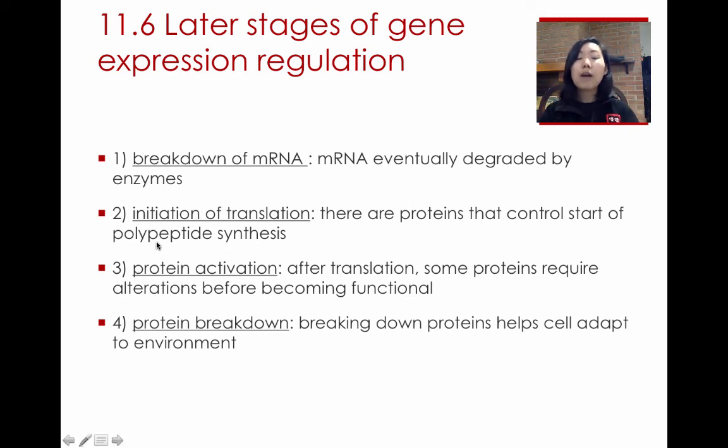You can also, after the protein is created, need to activate some of those proteins. And so sometimes after translation, proteins will need alterations to them, like they need to be cut or they need to have things added to them for them to be fully functional. And that's another way your body can regulate whether or not they want those proteins to be activated. And the final thing is protein breakdown. And so even after you create a fully functional protein, your body can choose to break down those proteins in case you've created too much.